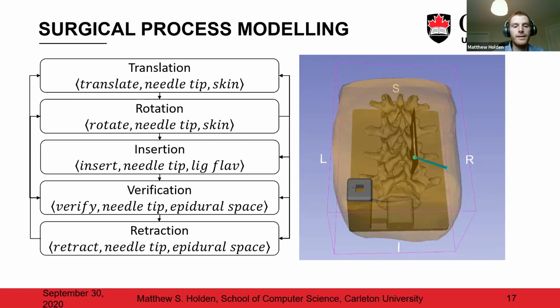In this case, we might include activities like translating the tip of the needle to the skin, rotating the needle to the correct direction, inserting the needle through the ligamentum flavum into the epidural space, etc., etc. And so if we have a list of all possible activities in a surgery, as well as their transitions and those probabilities, this is what we consider a surgical process model. And so how can we use a surgical process model to help us achieve context awareness during a surgery?